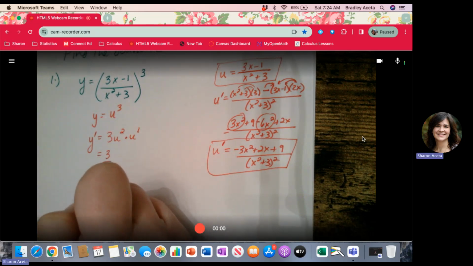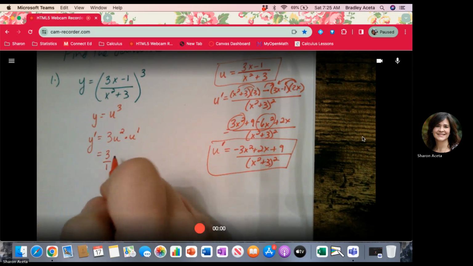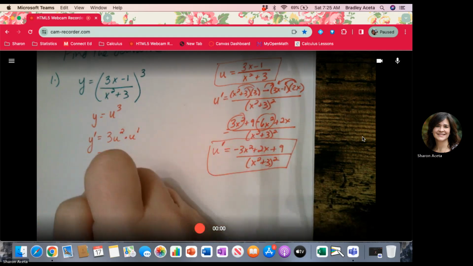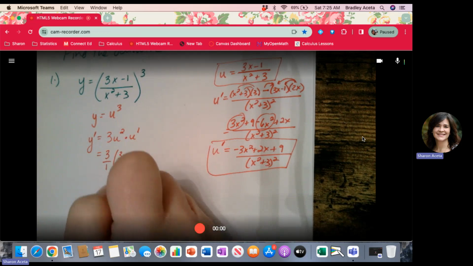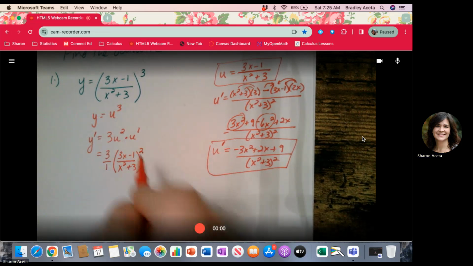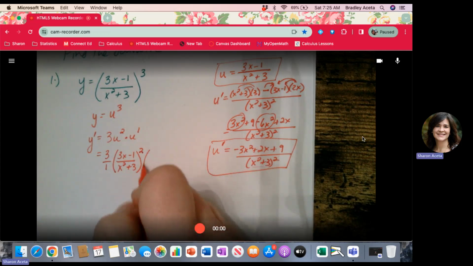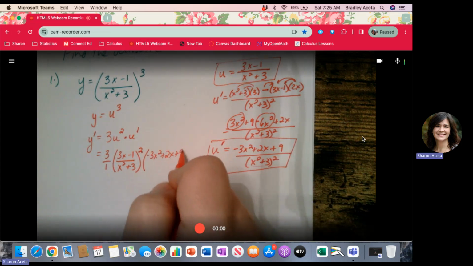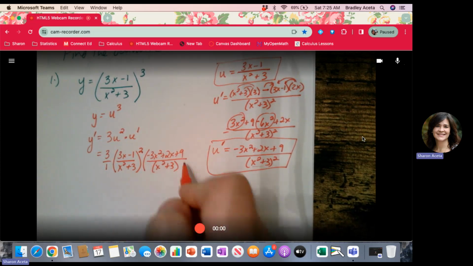I like to put 3 over 1 because we're going to be dealing with fractions. And then u is this right here, 3x minus 1 over x squared plus 3 to the power of 2. U prime is this right here, negative 3x squared plus 2x plus 9 over x squared plus 3 squared.